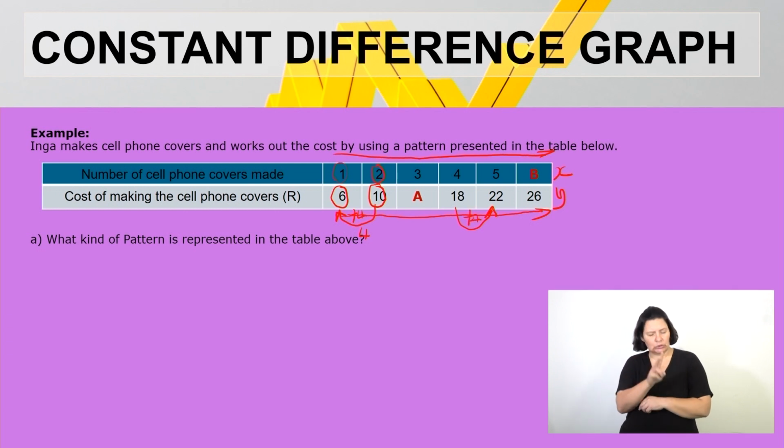If we want to move from 22 rand to 26 rands, we have to add 4 rand also. And even if you say 26 rand minus 22 rand, you will still get a difference of 4 rand. So the pattern that is represented there, we can say there is that constant difference.